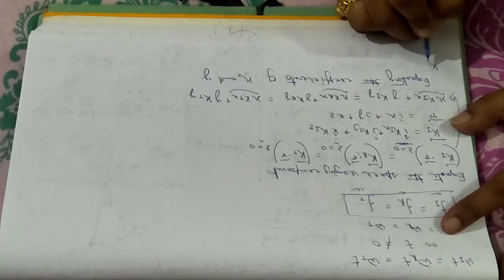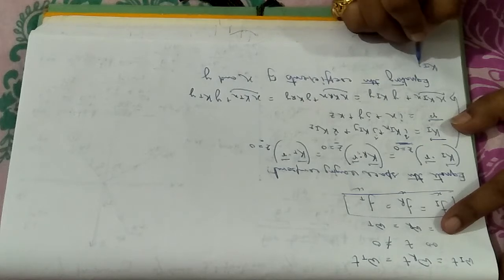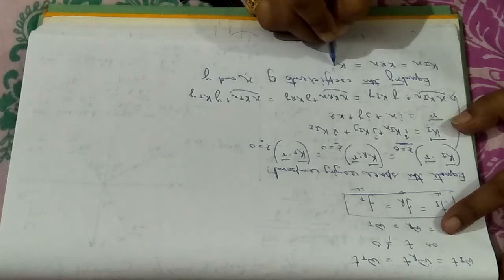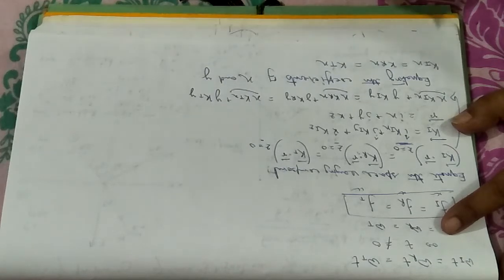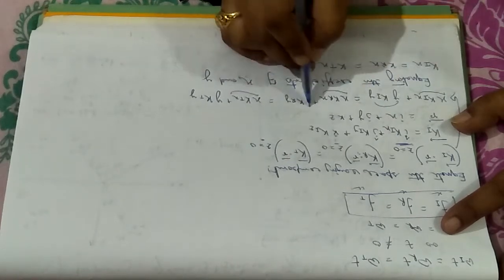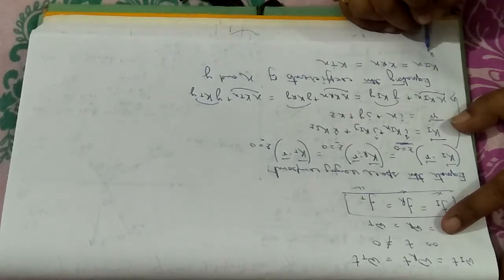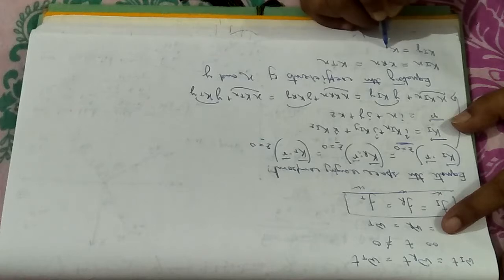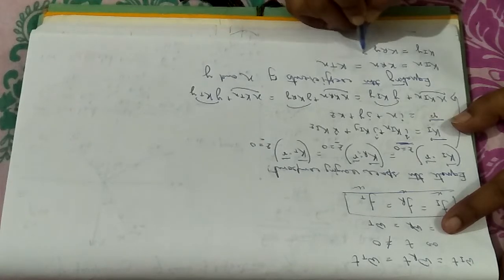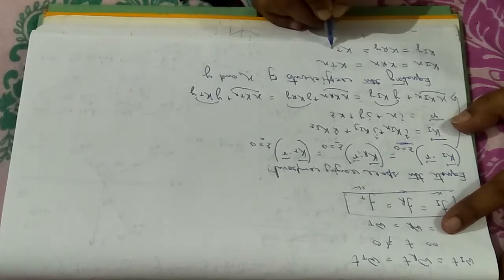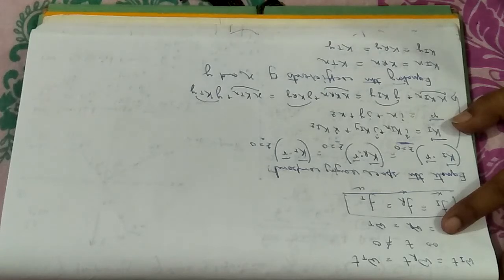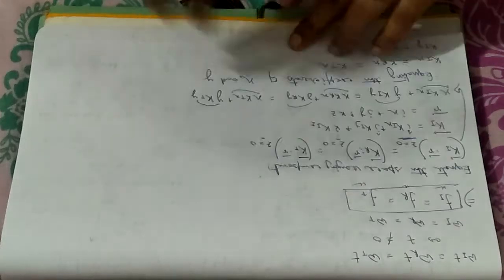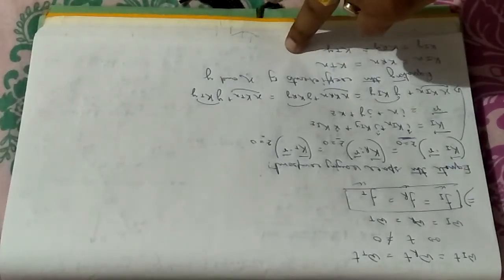So equating the coefficient, you can write k_Ix will be equal to k_Rx will be equal to k_Tx, and equating the y component, you can write k_Iy will be equal to k_Ry will be equal to k_Ty. Got it? It's very simple, only mathematics, very simple mathematics.